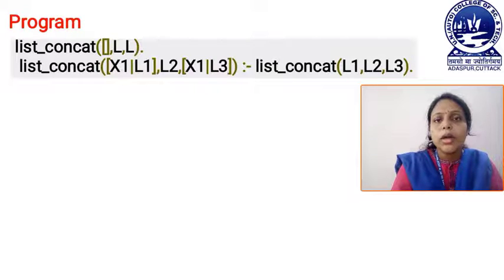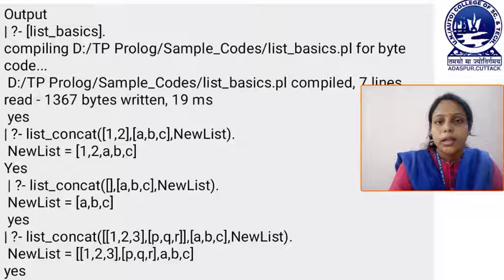Now look into the output of this program. In this case, we take the list concatenation of the list 1, 2 with the list A, B, C. When we want to concatenate these two lists, our second predicate is satisfied. That means the first list is non-empty. So first of all we write our first list as head and tail. Then we concatenate the second list with the tail of our first list.